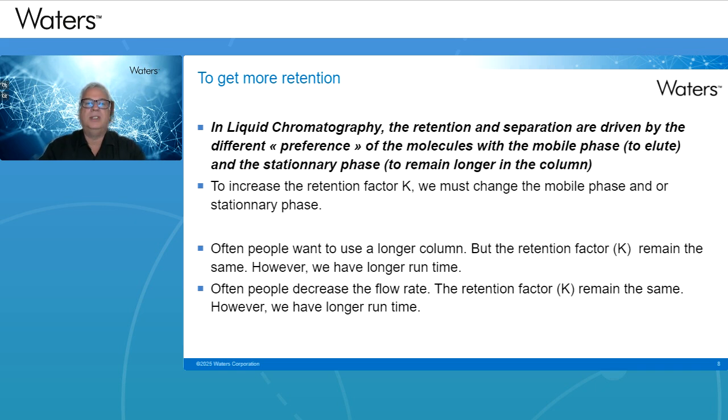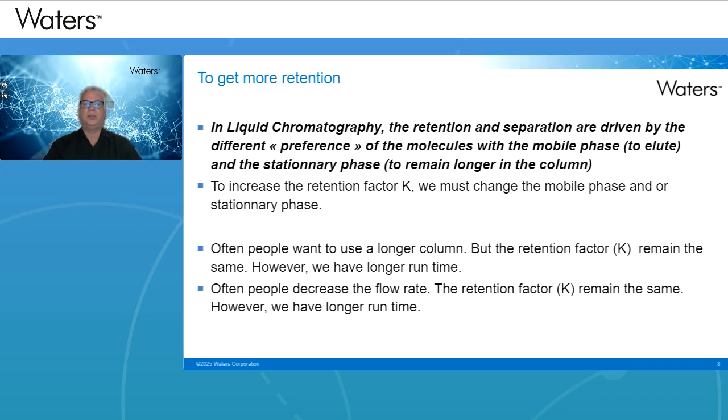Many people will use a longer column. A longer column will not provide you more retention. You can imagine that V0 will double if you double the column length, but the volume to elute your compound will double as well. And when you look at the ratio, you don't gain any retention. You just waste more time. Same thing for the flow rate.